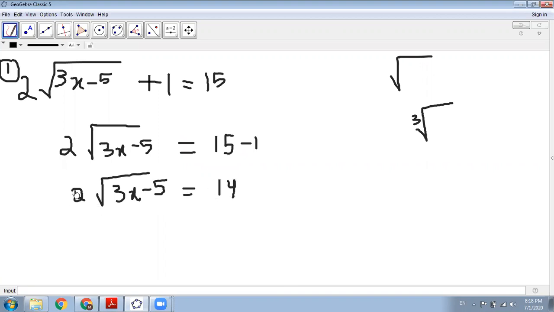Now we move this 2 to the other side of the equation, then it will become square root of 3x minus 5 equals 14 over 2. Now this 14 and 2 will be cancelled out by the table of 2, meaning 2 times 1 and 2 times 7 is 14.